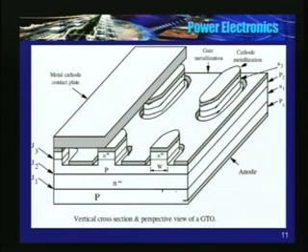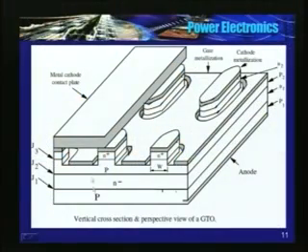So there are a large number of small islands of cathode, or in other words, there are a large number of GTOs. See here, P1, N1, P2, N2, P1, N1, P2, N2. And all the cathodes of these GTOs are connected to a common heat sink, and that forms the main cathode.